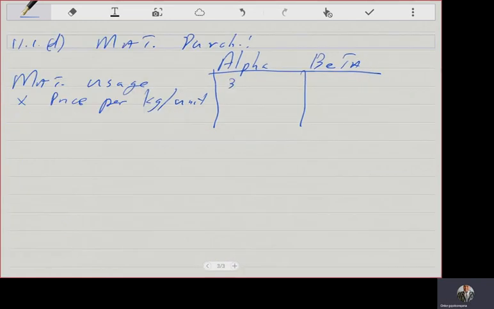We take that 35,250 and 26,225. Multiply that by 2 rands, and on this side times by 3 rands, the prices that are given for us.